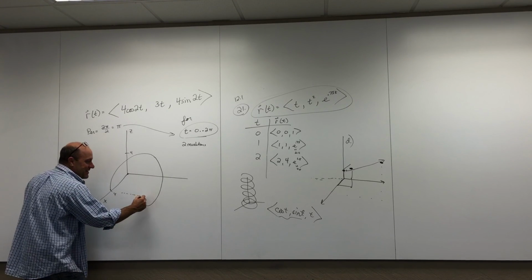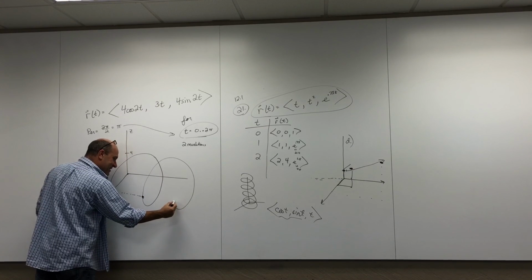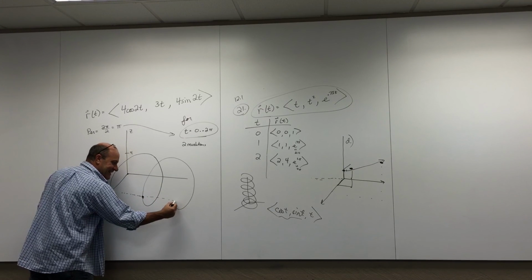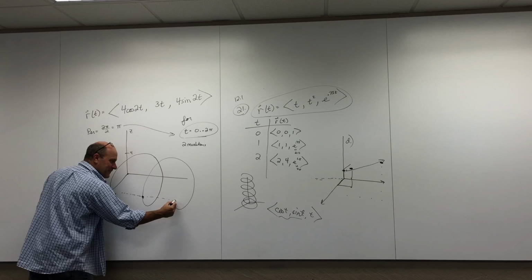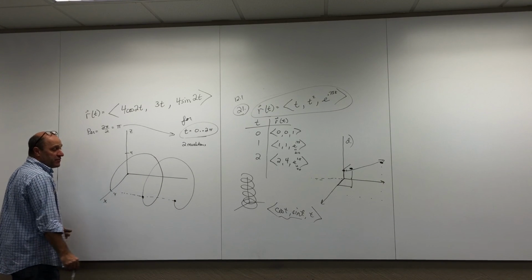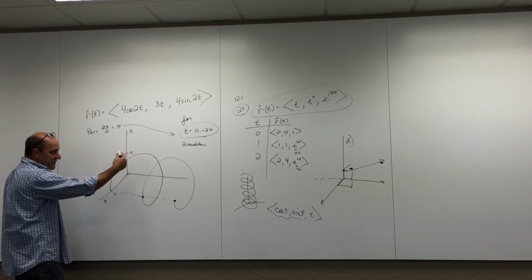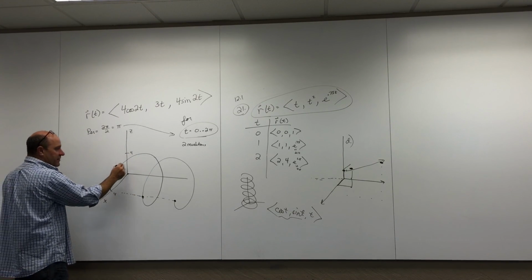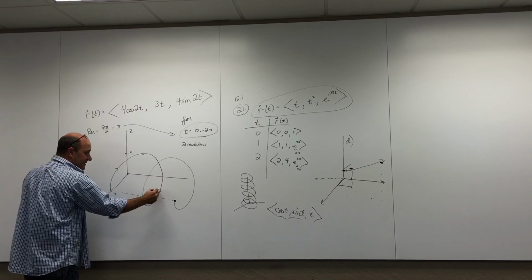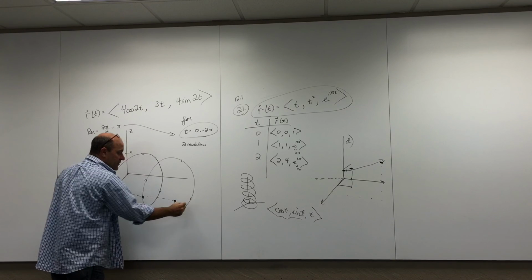Here it goes again, another revolution, and when I come back around, I'm hitting this spot again. Now I just did 2 complete revolutions, and I've got the radius of 4 labeled. This isn't the best looking picture, but it's not bad, actually. It's kind of tough to draw this stuff on a 2D blackboard.